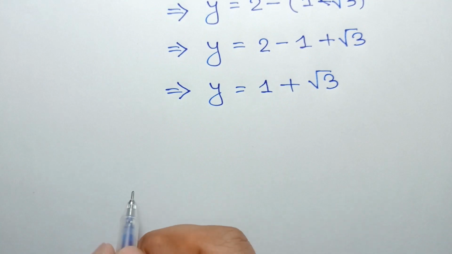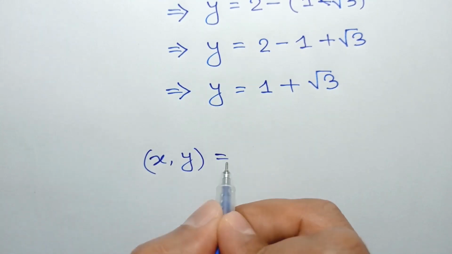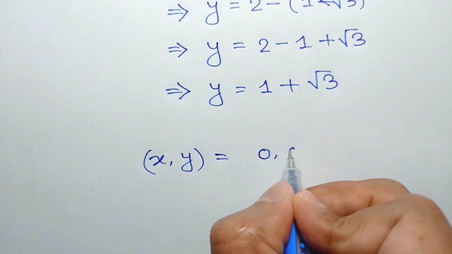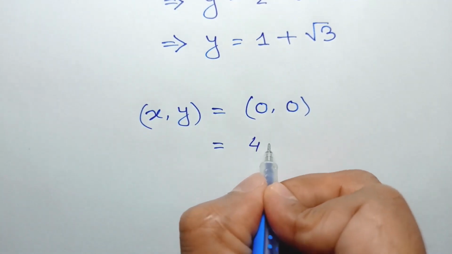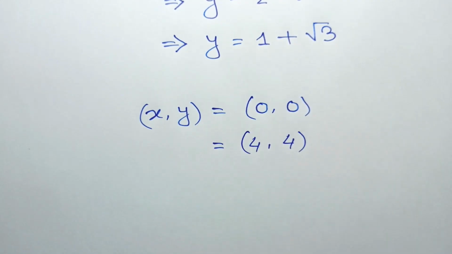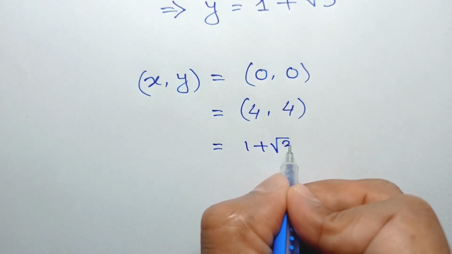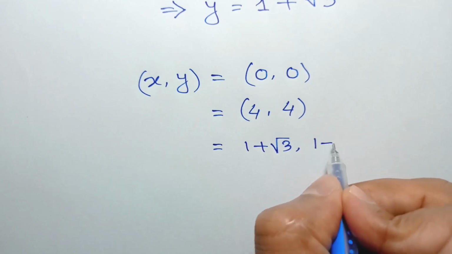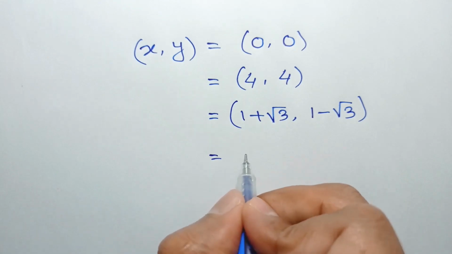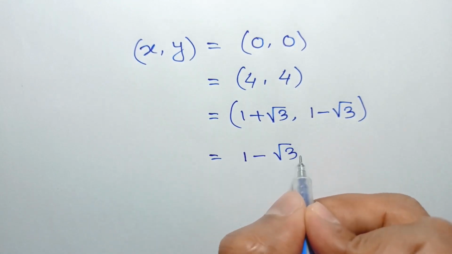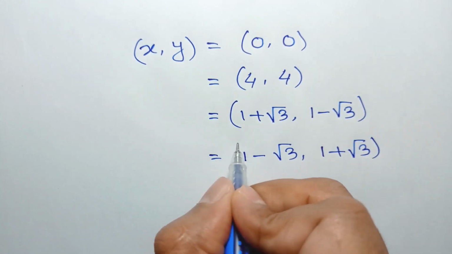So the solution of these equations: when x is equal to 0, then y is equal to 0, and when x is equal to 4, then y is equal to 4, and when x is equal to 1 plus square root of 3, then y is equal to 1 minus square root of 3, and when x is equal to 1 minus square root of 3, then y is equal to 1 plus square root of 3.